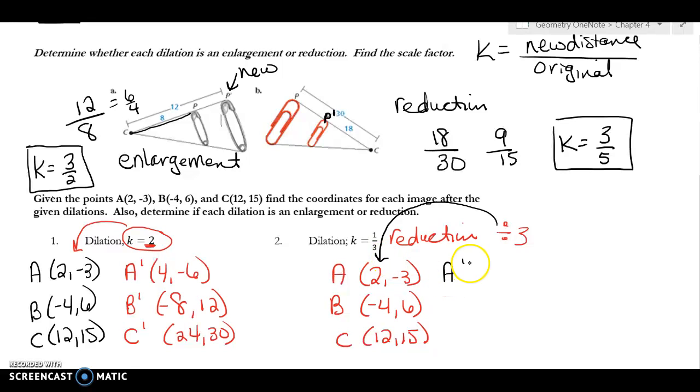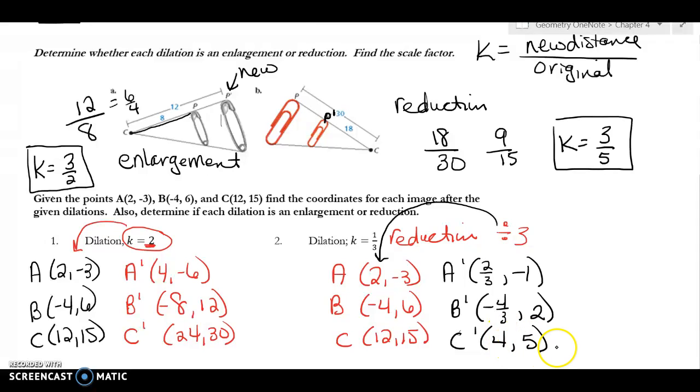Now I can't divide 2 by 3, so I just write 2 over 3. But negative 3 divided by 3, I can do that. That's negative 1. And then, oops, that should be B, not A again. So I can't do negative 4 divided by 3, so I just write it as negative 4 over 3. But 6 divided by 3 is 2. That'll work. And then C prime, 12 divided by 3 is 4, and 15 divided by 3 is 5.